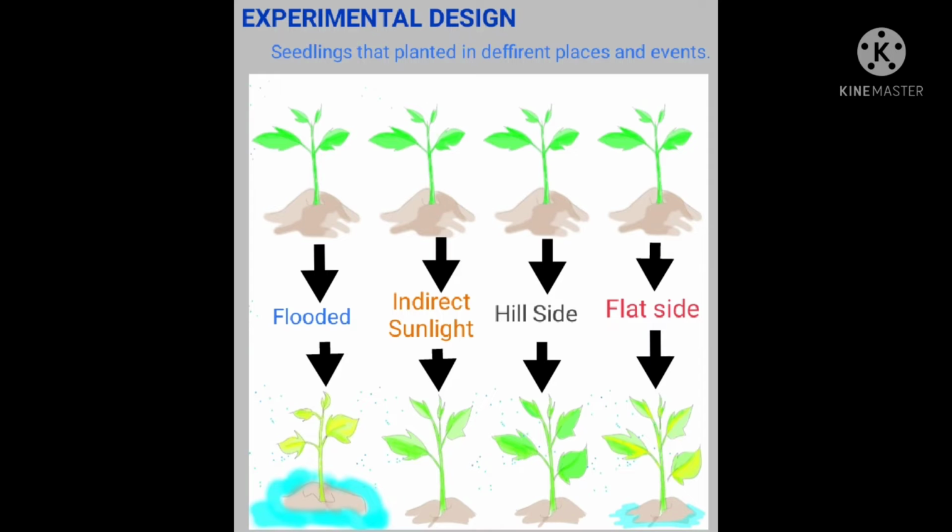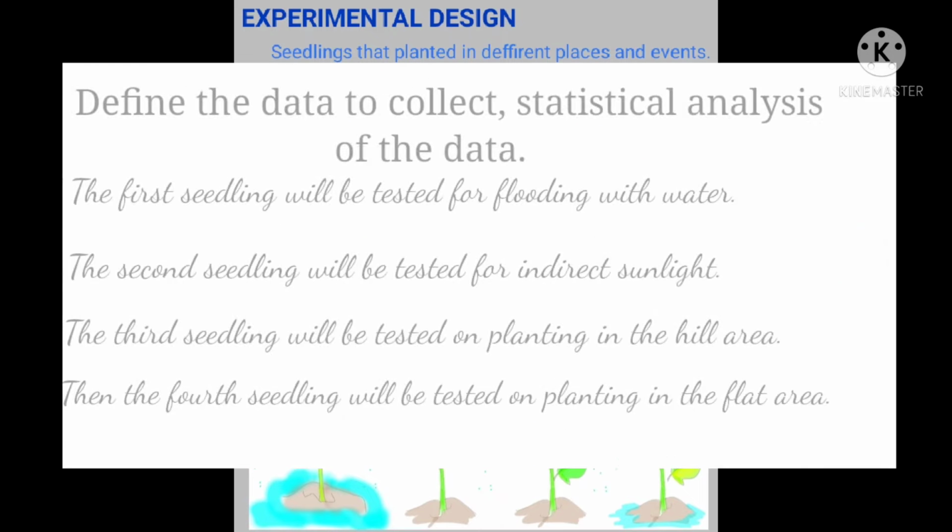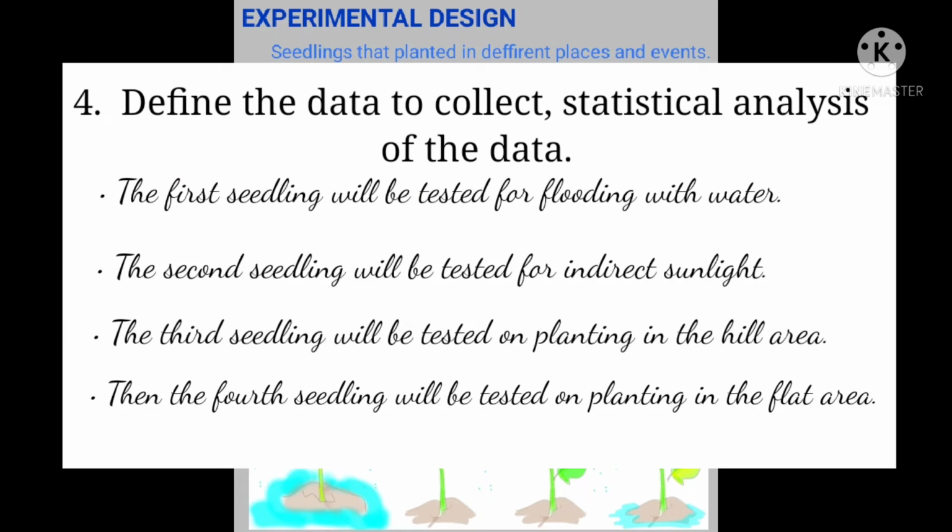In this problem to be tested, we need 4 seedlings of watermelon to be tested in different kinds of events in the study. The first seedling will be tested for flooding with water. The second seedling will be tested for indirect sunlight. The third seedling will be tested on planting in the hill area.